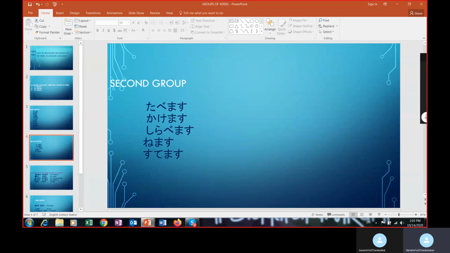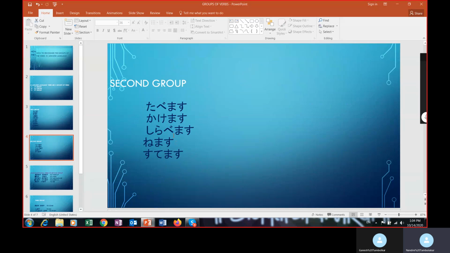Here you can notice that whenever we remove masu from the verb, the remaining part, the stem of the masu form, is in the e sound: tabe, kake, shirabe, again be, ne, and sute, te.